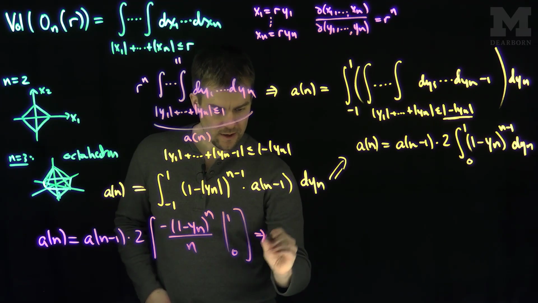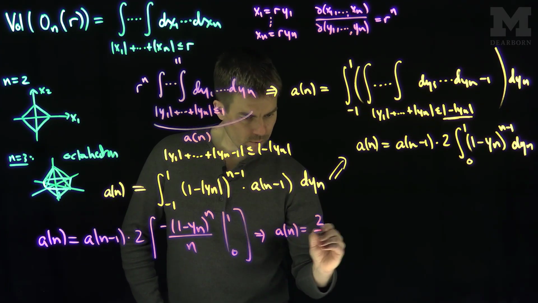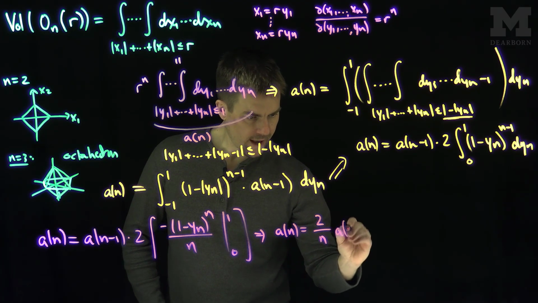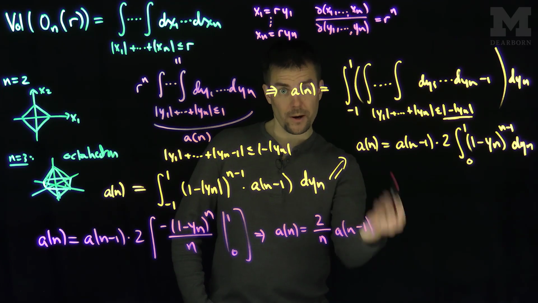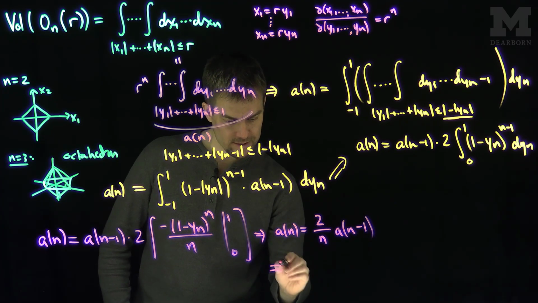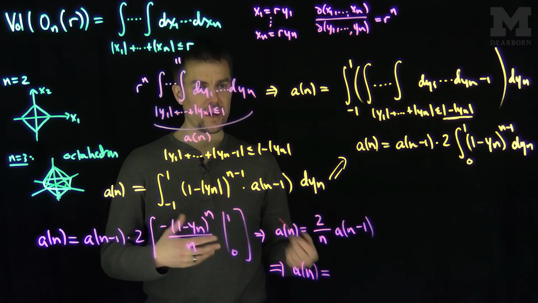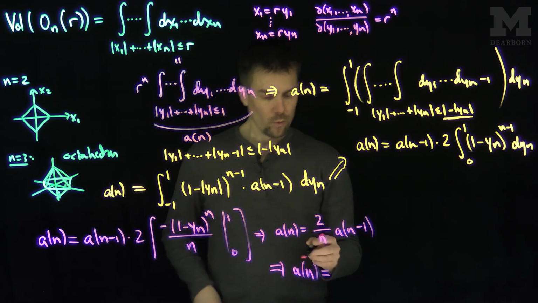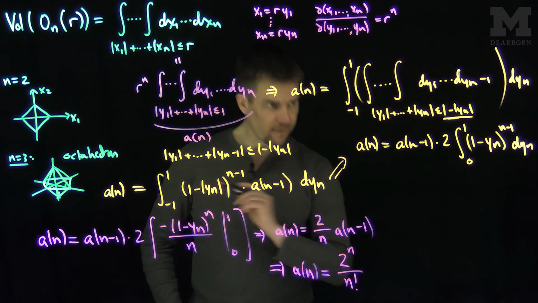So this implies that a of n is equal to 2 over n times a of n minus 1. And this is going to give me a factorial relationship with a whole bunch of powers of 2 on top. So if we turn this down all the way down to a0, which is easy to compute, we'll see that an is exactly going to be 2 to the n over n factorial, right?